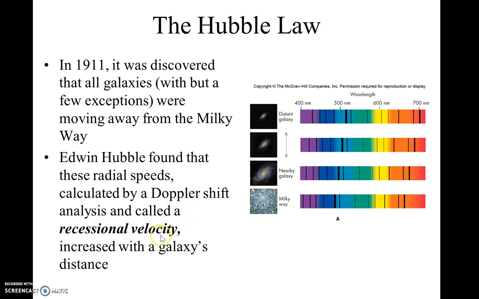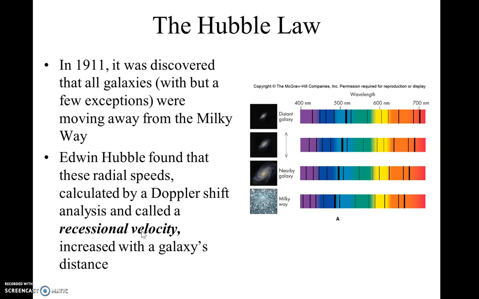And so this is the analysis of the Doppler shift. This was called the recession velocity. And with that information, Hubble made one of the greatest discoveries of all time. Okay, this is one of the big ones.